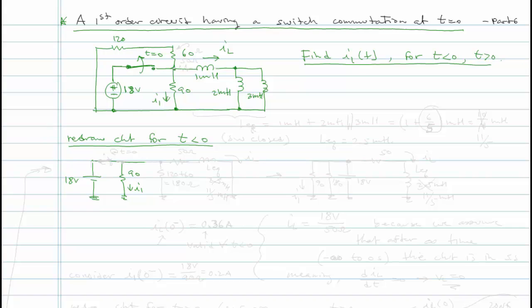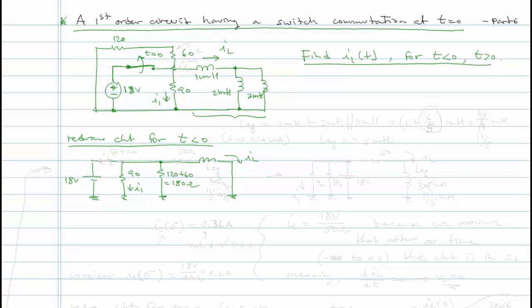In parallel with that is the branch consisting of the 60 plus 120 ohms, so 120 plus 60 is equal to 180 ohms. Then in series with that we have an inductor, which I'm going to draw as one inductor at this point, and we're going to replace these inductors with an equivalent inductance.